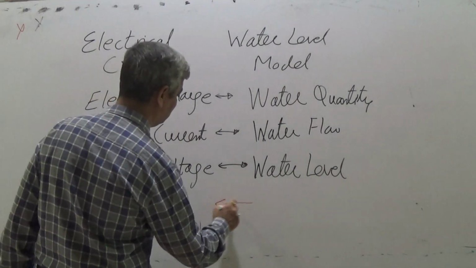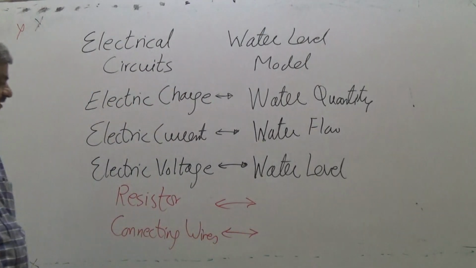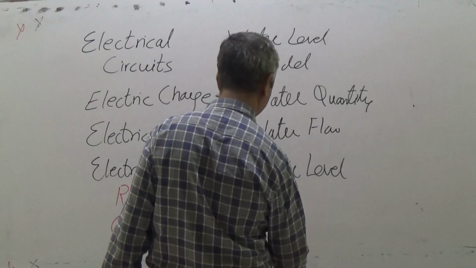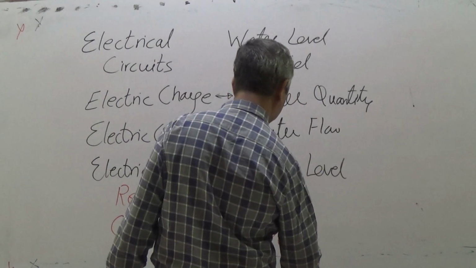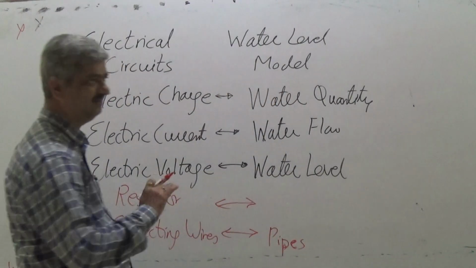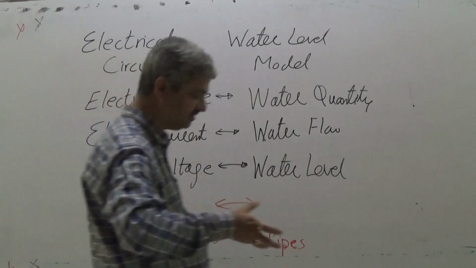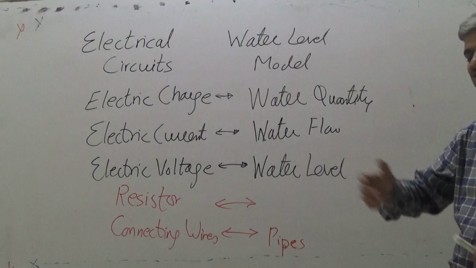So what are the equivalents? Connecting wires would be pipes with sufficiently large diameter so that the extent to which they oppose is negligible. And the resistor is equivalent to what? The resistor opposes the flow to a large extent, and this you can change.